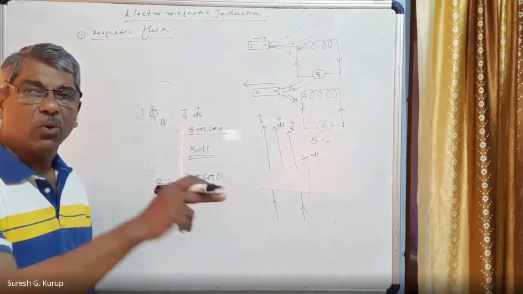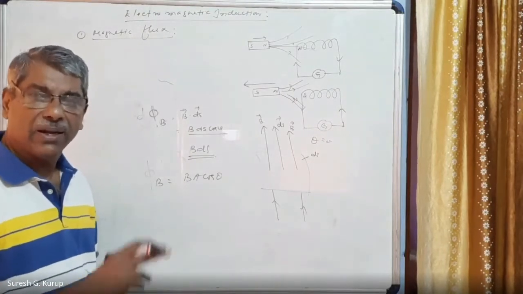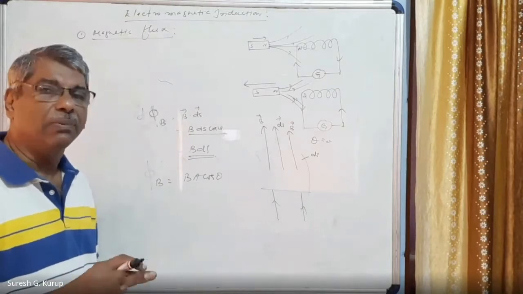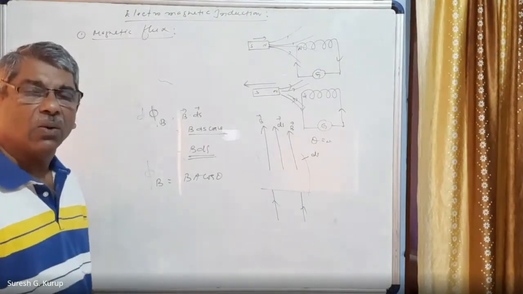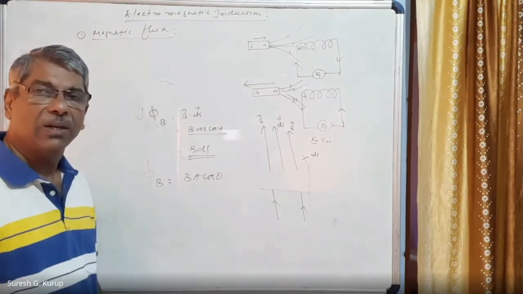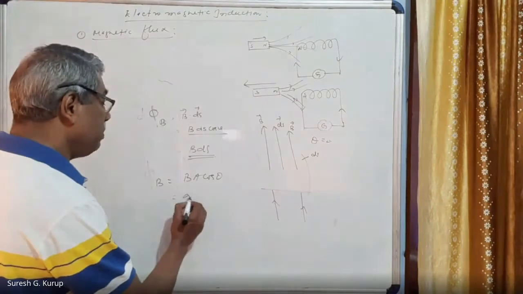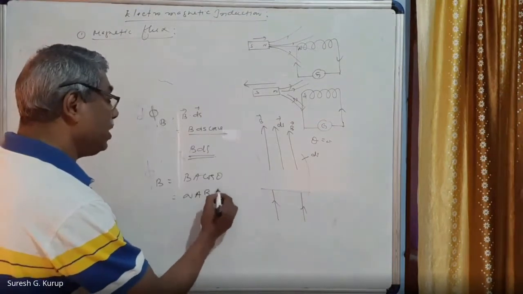If it is a rectangular coil that has a plane area and has N number of turns, then the total flux is given by NBA cos theta, NAB cos theta.